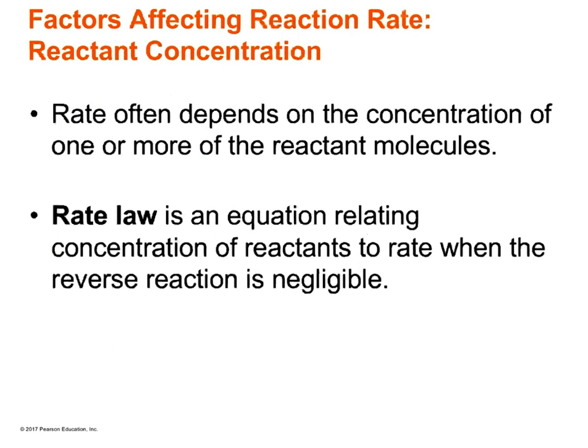But this is only for situations where the reverse reaction is negligible. So we're not going to see equilibrium here. So it would be something like this where we have a single arrow going to our products. And if there is a reverse reaction, it's very, very tiny and completely negligible.